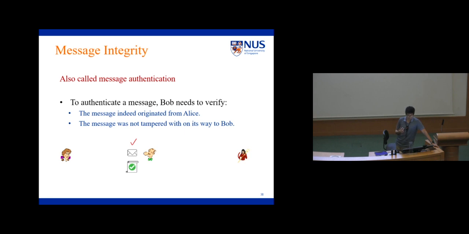So in the physical world, we do this by, for instance, signatures, right? You attach something out of you, something that only you can generate but no one else, to the document. You sign the document, and you associate that piece of evidence with that document.